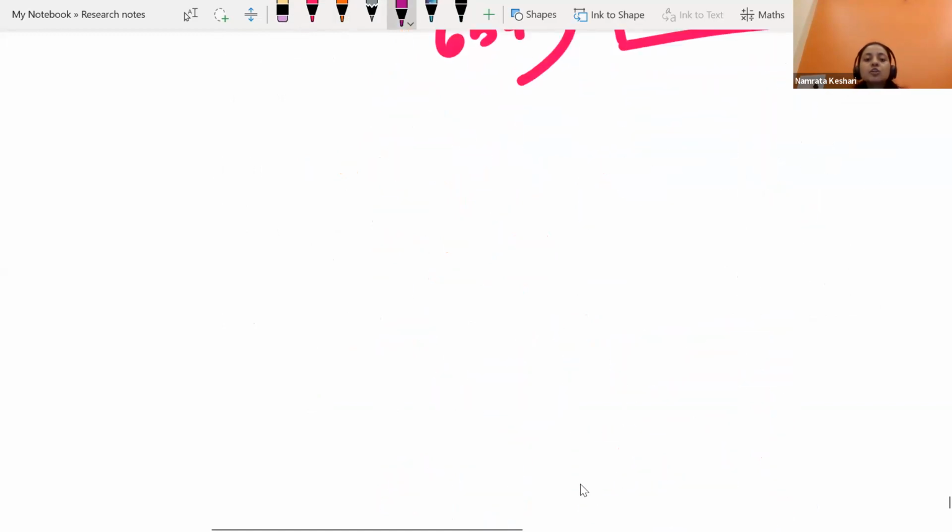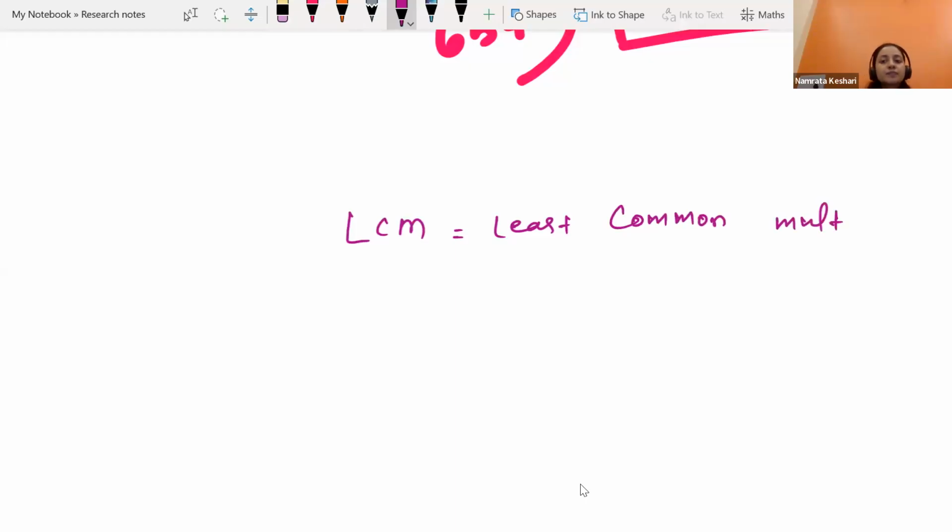Now let me tell you what LCM means. LCM means least common multiple. That means if you are finding the LCM of 6 and 20, basically what you are doing is listing down the multiples of 6. 6 times 1 is 6, 6 times 2 is 12, 6 times 3 is 18, 6 times 4 is 24, 6 times 5 is 30, 6 times 6 is 36.